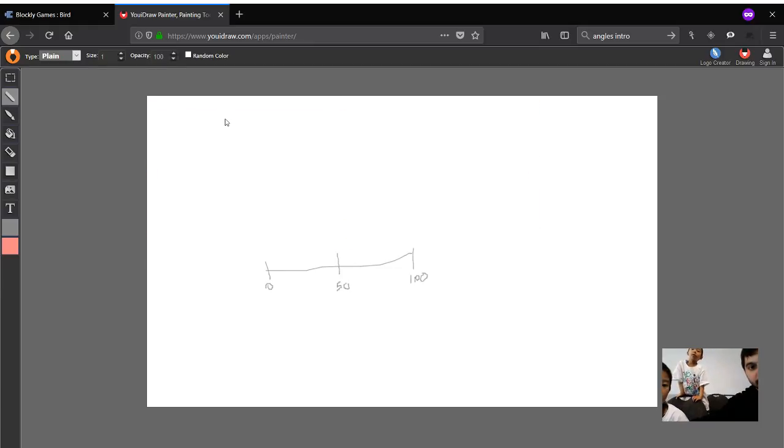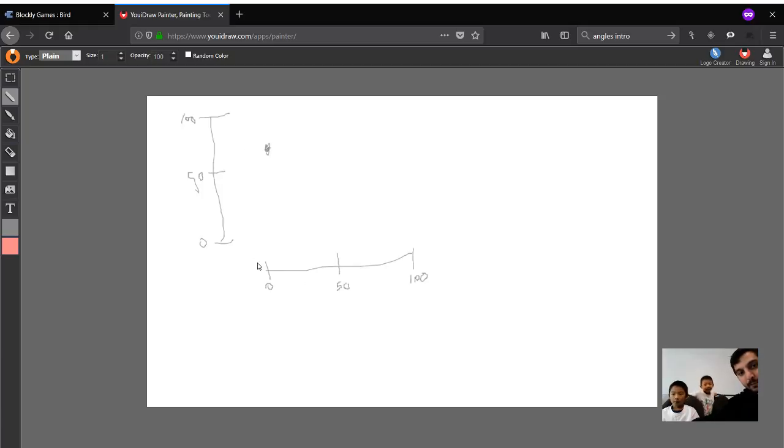Let's imagine another number line going this way that starts at 0 here. It's 50 in the middle. And what is it at the top? 100, right?